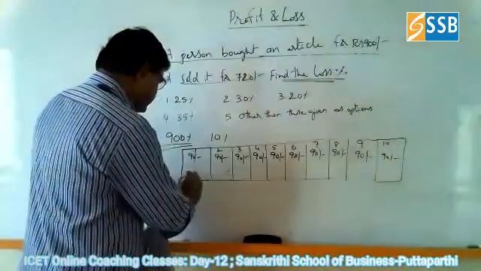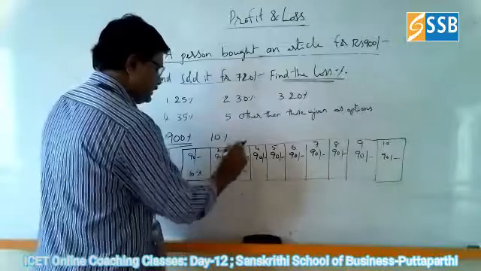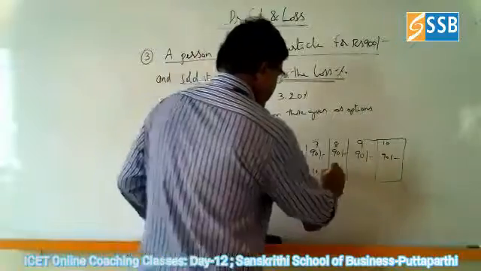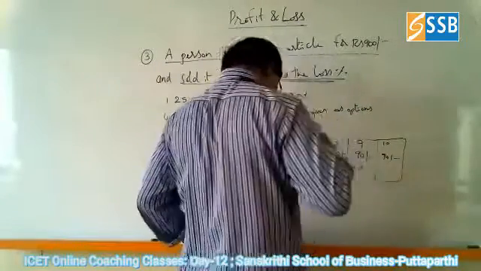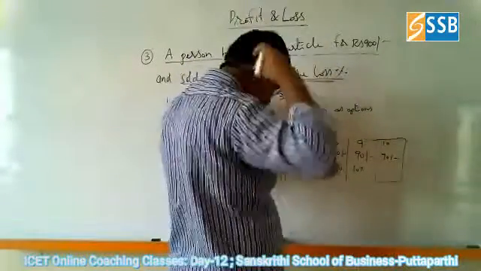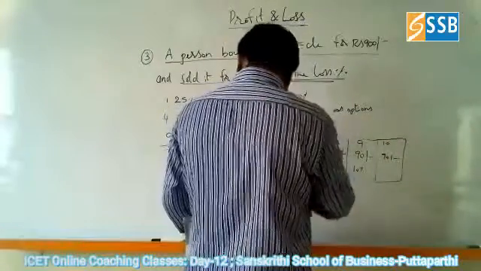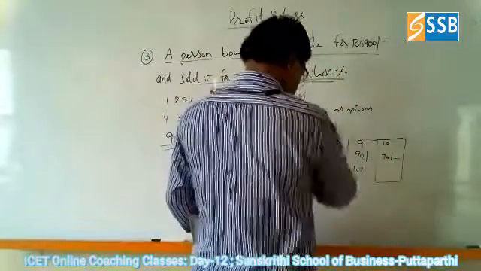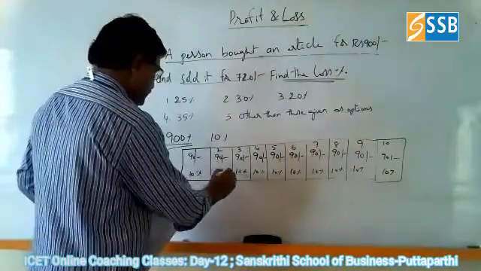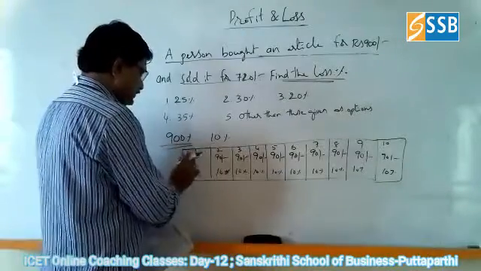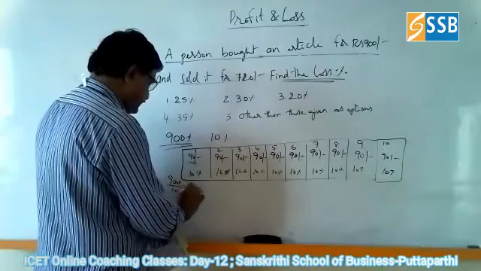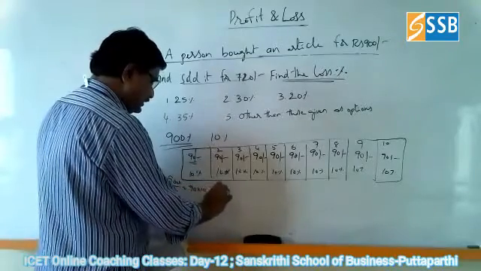Each part consists of 10% of 900. So 10% means 90 rupees. 900 divided by 10 means 90. 90 into 10 is equal to 900.